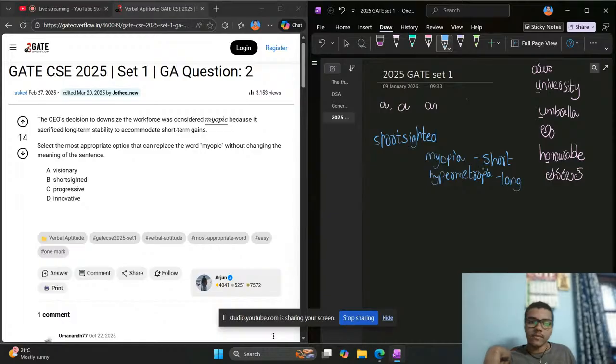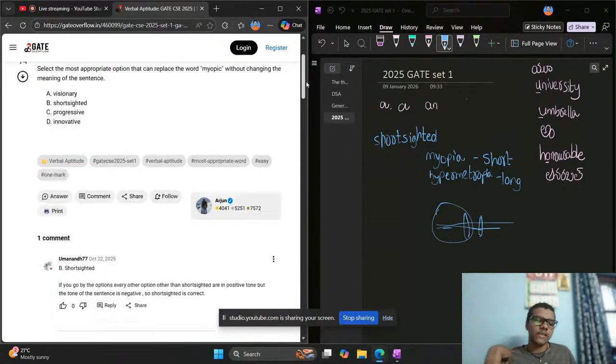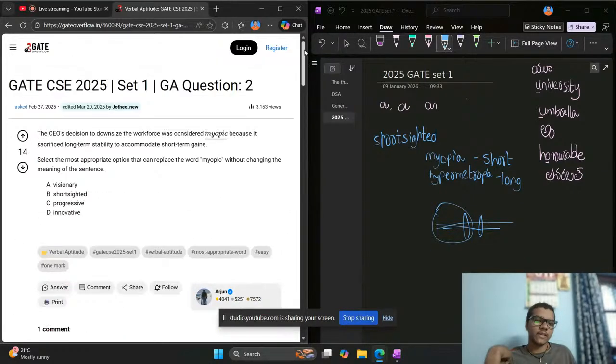For one type of these, you use a concave lens, and for the other type, you use a convex lens. Like this is the eye, you have a retina, and in front of that, you put another lens. There will be a focal point, something like that. I'm saying all of this because we have learned about myopia. So short-sighted is the answer.